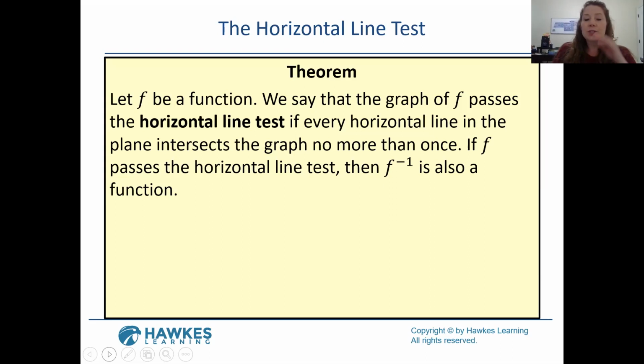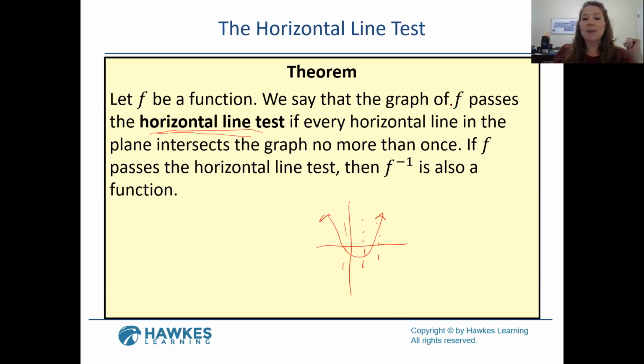All right, so when we started doing functions, last unit, I suppose, we talked about how to identify if a set of ordered pairs, which are relations, are functions, and we talked about the vertical line test. Remember that? Now we're going to talk for the first time about the horizontal line test. It says, let f be a function, any function.